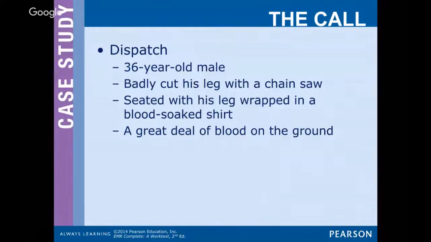So remember, dispatch for a 36-year-old male, badly cut his leg with a chainsaw, seated with his leg wrapped in a blood-soaked shirt and a great deal of blood on the ground. So what do you notice right away? I want some things that you guys noticed right away. Has anybody read the chapter yet? Chapter 10? You guys have started this?